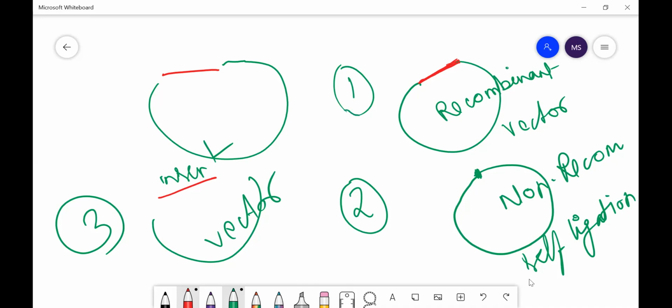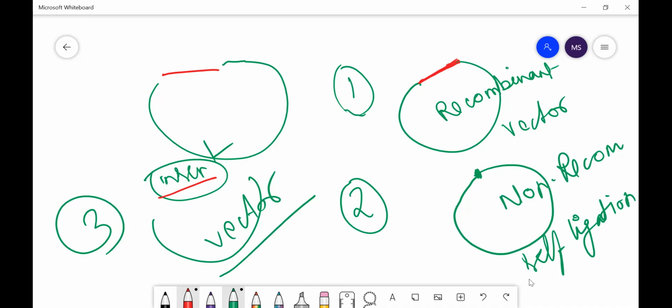Now, when you use this mix for transforming the host cell, what will happen? Some of the host cells will receive recombinant vector. Some of the host cells will receive non-recombinant self-ligated vector. Some of the cells get only your insert molecule, and some may get only the linearized vector.